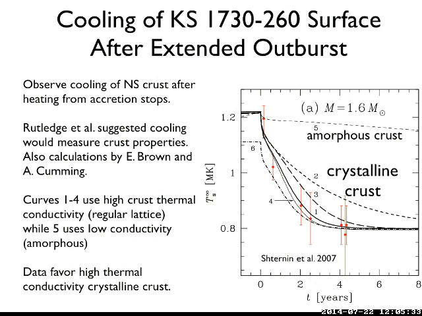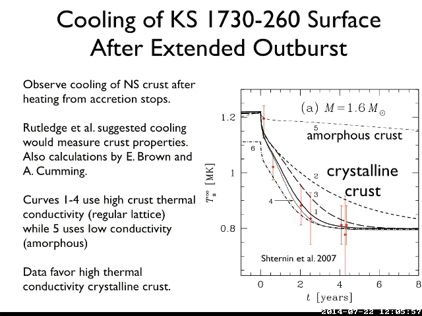Okay. And then, this is a little bit of an old slide, but the basic idea is we can observe crust cooling. A neutron star accretes for a while, and then time zero is when the accretion is observed to shut off, and you observe the decrease in the surface temperature as a function of time, years since the accretion stopped.